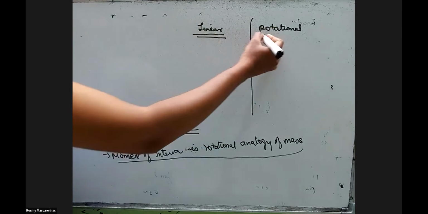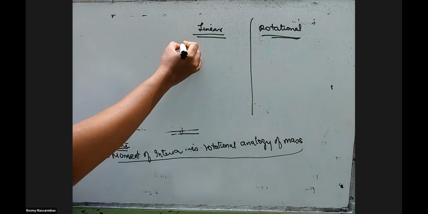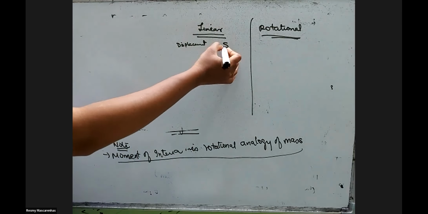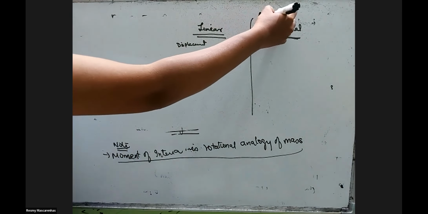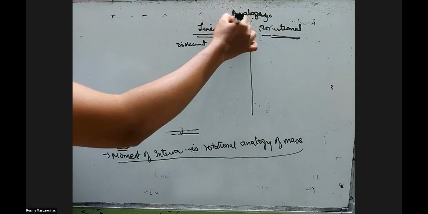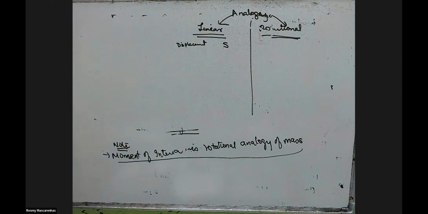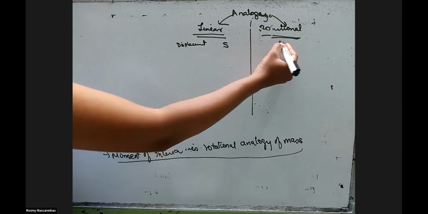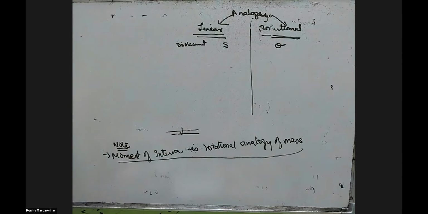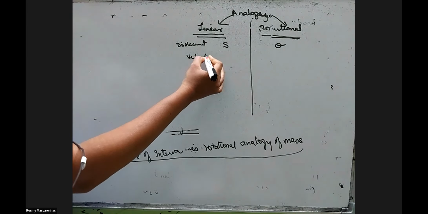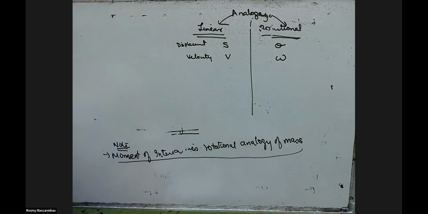In linear, the same things, okay? We know that displacement is S, written here. This word is called analogy. This is called the linear analogy and this is called the rotational analogy. Now in linear, what we use is S; in rotational we use theta, that is angular displacement. Then for velocity we use v; here we use omega.